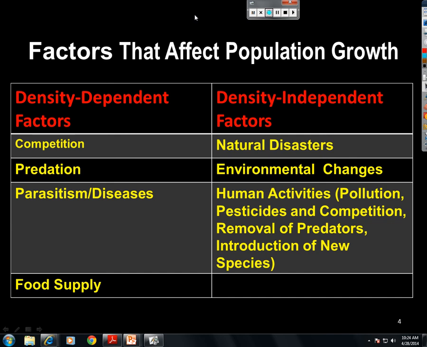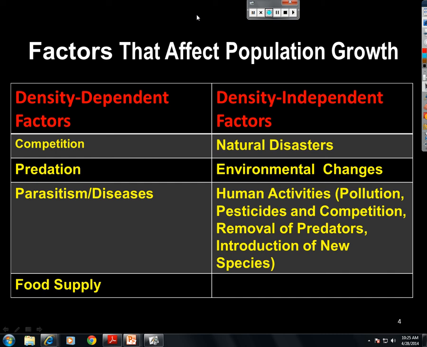So as I was saying, density-dependent factors are factors that are basically dependent upon the density. So in other words, it would have a role on the growth of a population, but that role would be directly attributed in some way to the population, or rather the number of the population.